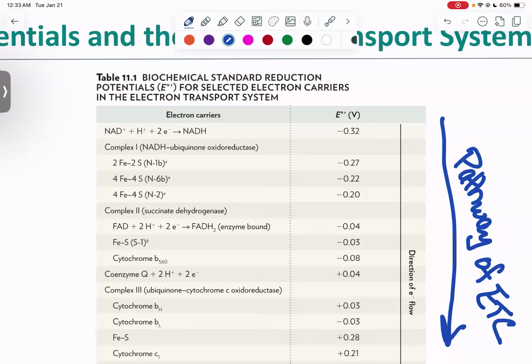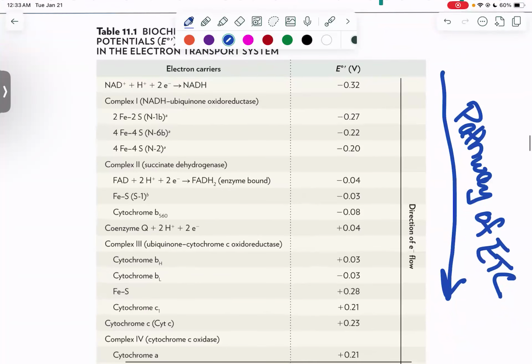And you have to remember that all of these numbers that we're showing you here are done in the lab. And so standard conditions are not really in vivo, you know, in the cell, right? It could be different in the cell. And it's really, really hard to measure some of this stuff. So you have to remember that different concentrations, different environmental conditions can change the reduction potentials enough to basically make this work.